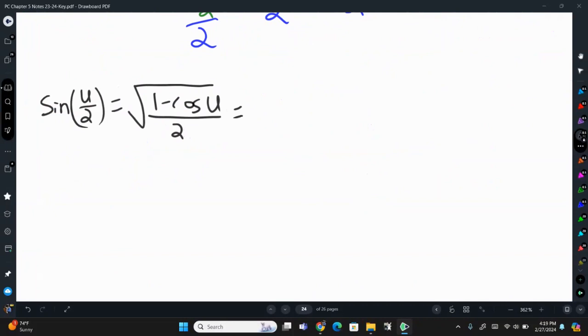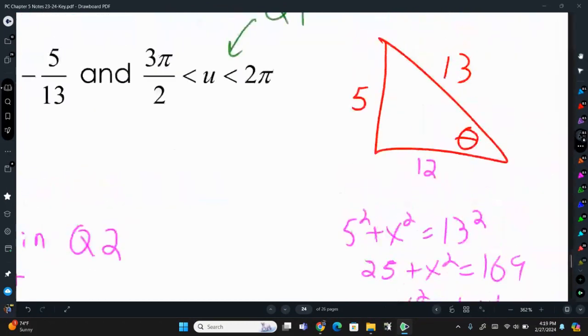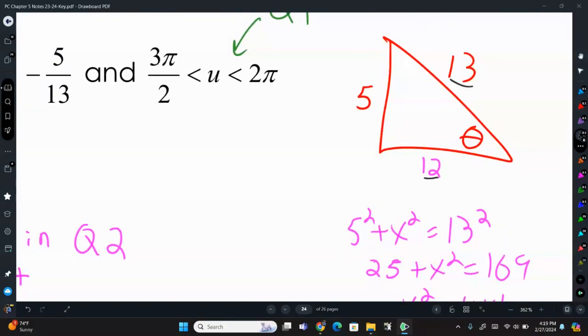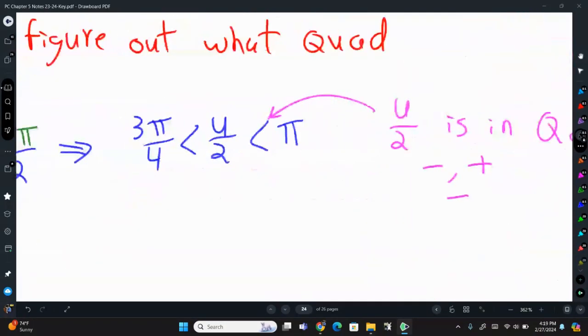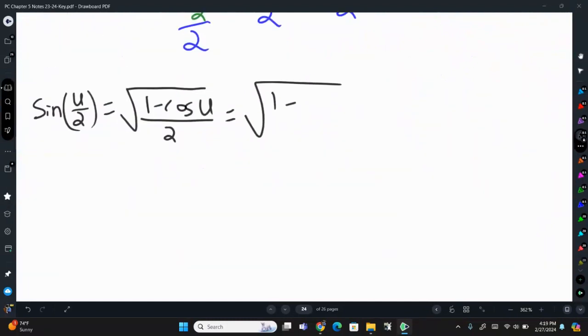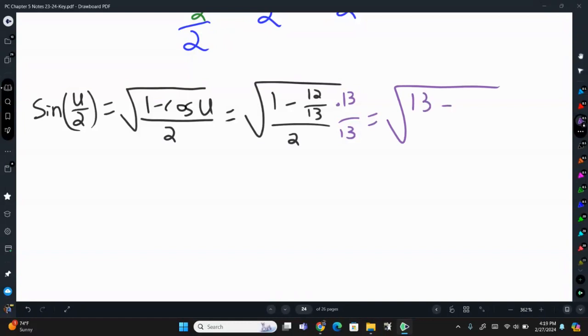So then this equals the square root of 1 minus the cosine of u. Cosine is the adjacent over hypotenuse, so 12 over 13, over 2. We're going to multiply the top and bottom by 13. This will give us 13 minus 12 over 26.